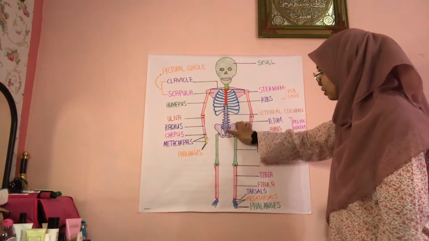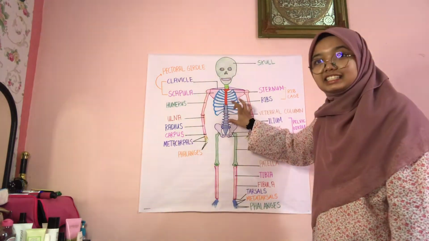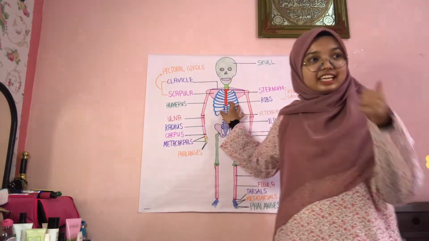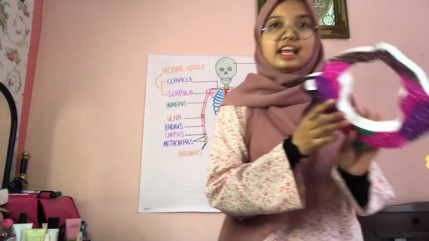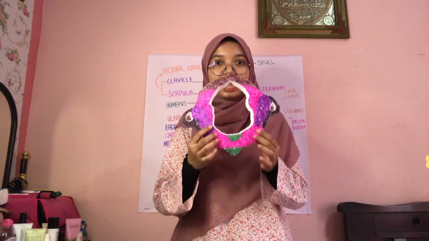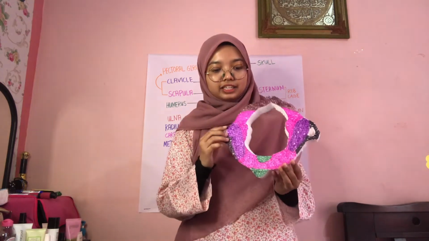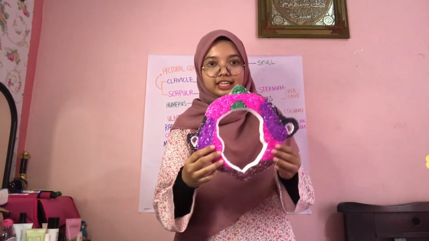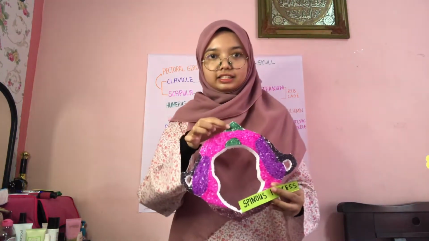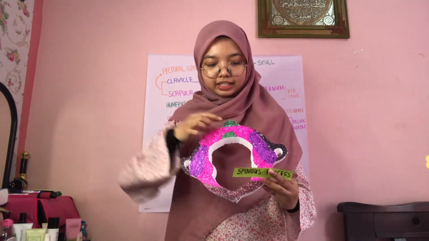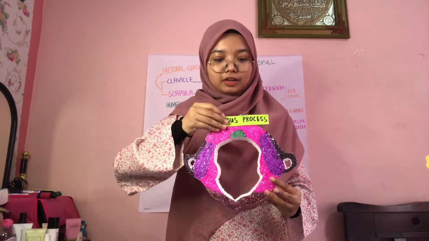This is your vertebral column, and we will learn it in detail. Are you guys okay? Let's start with the atlas vertebra. This is the atlas vertebra, which I drew for you. Here you can see the small one is called the spinous process.